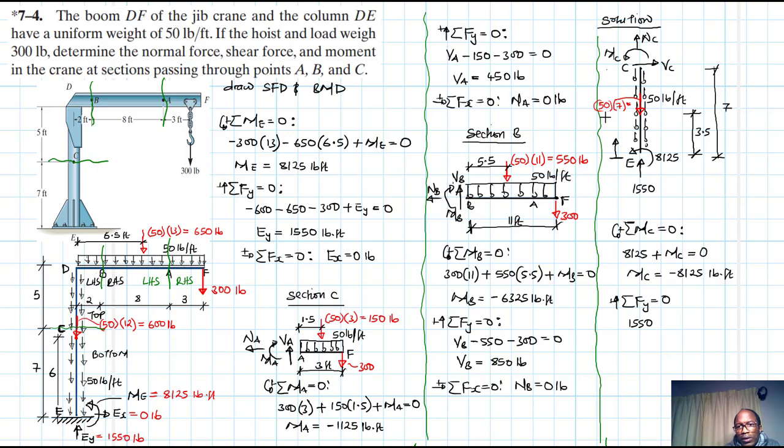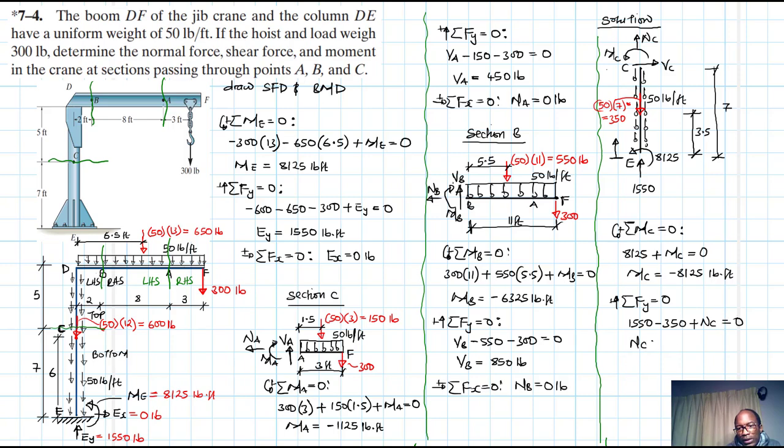So this gives us 350. And it's acting at the centroid, which is at 3.5 feet from E. So we have 1550 minus 350 and then plus NC equal to 0.